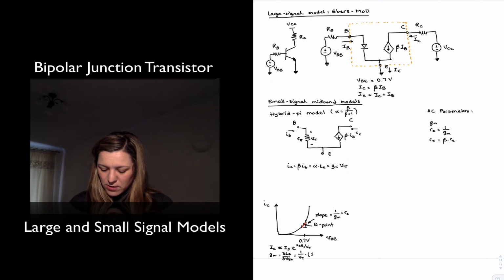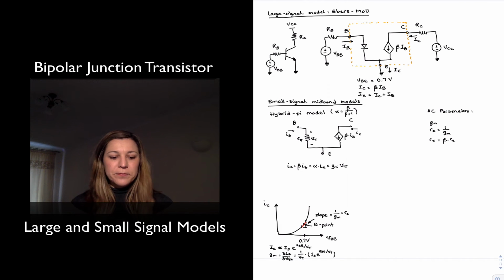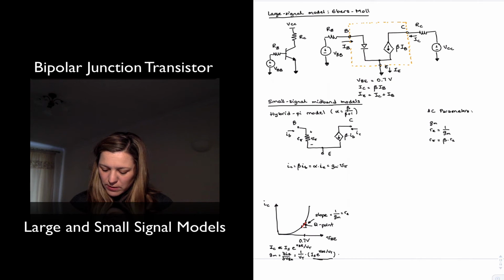So times IS e to the VBE over VT. And we can see, if you look at that expression within the parenthesis there, it's just equal to IC that I just wrote. And so this is equal to IC divided by VT. Okay. So that will be the value of my small signal transconductance.